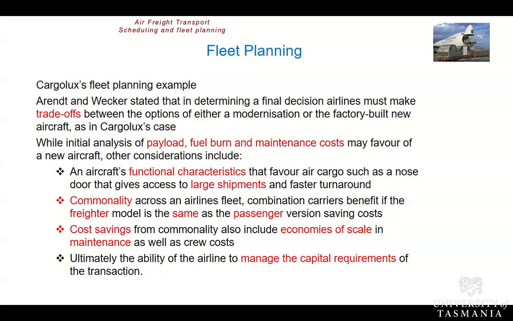And in the end, Cargolux stuck with the more unproductive option of the 200F, which in retrospect, if you think about the time they were making this decision, rates of air cargo were higher than they've ever been before. So you probably have to say they dodged a bit of a bullet there, because only a year later the whole air cargo market collapsed and many freighter businesses went out of business.